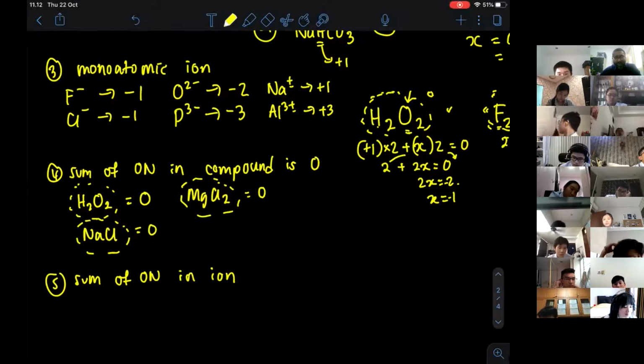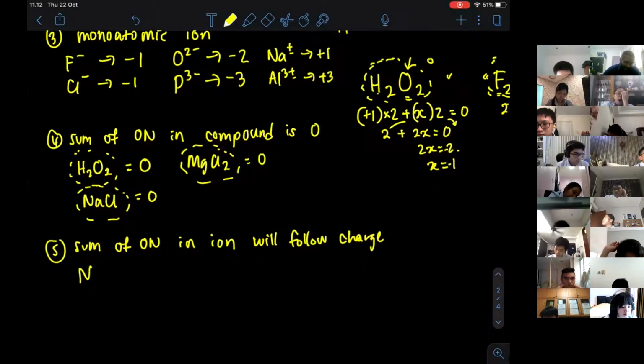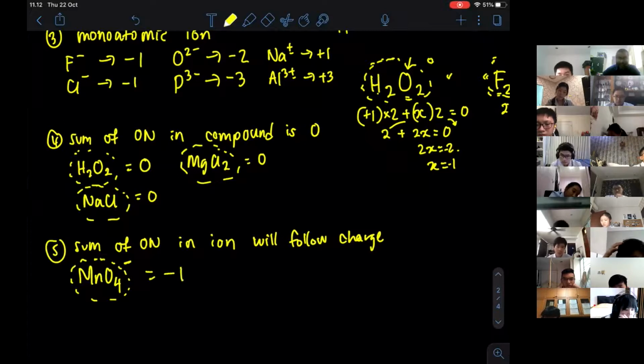Now, the sum of oxidation numbers in an ion will follow the charge, similar to a monoatomic ion. For example, if you have MnO4 minus, what is the total oxidation number? It follows the charge, which is -1.